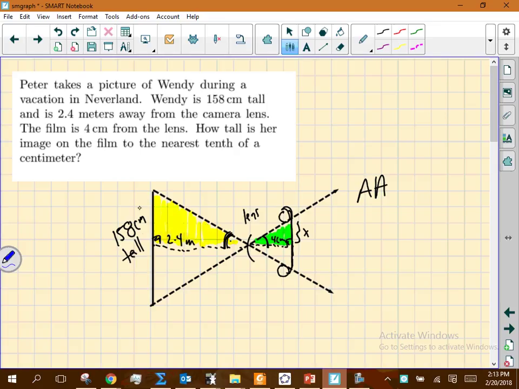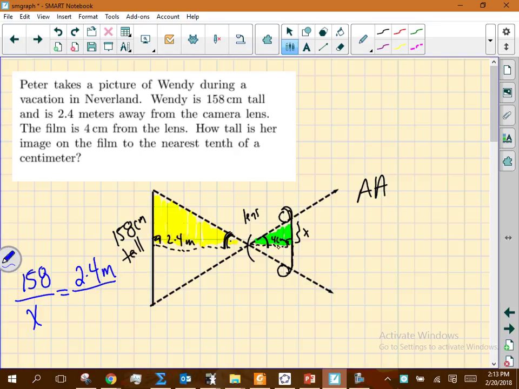Would you guys agree that this 158 should relate to the size that she is on the film? She's 158 centimeters tall, and she's X centimeters tall on the film. Is that okay? This 2.4 meters is how far she is from the lens in actuality, in real life.